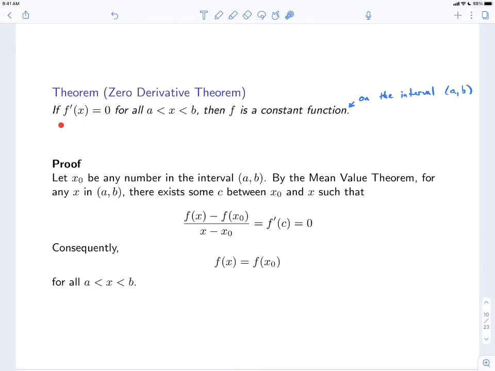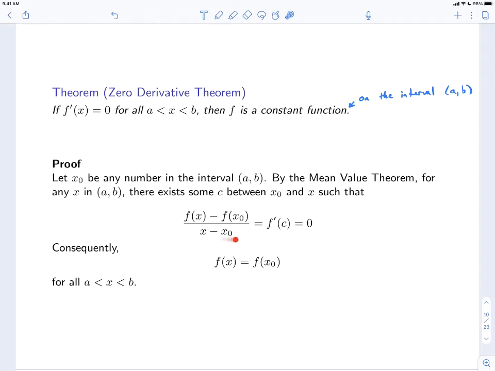But the assumption is that the derivative is equal to 0 for all x between a and b. We know that x0 and x are both between a and b. So if we have some c which is between those two x values, then it must also be between a and b. So f prime of c is equal to 0. So we have that this difference of y values over the difference of x values is equal to 0.